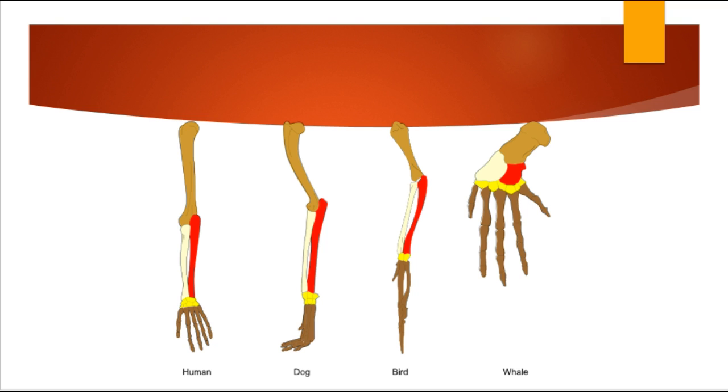So obviously a whale lives in the ocean and uses its phalanges for swimming, and a bird uses its limbs for flying. A dog is a quadrupedal organism using all four limbs to move around, and here's a human arm, and humans walk on two feet and use their arms as tools.